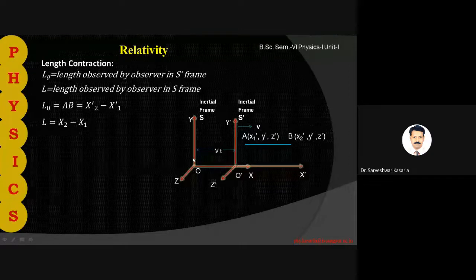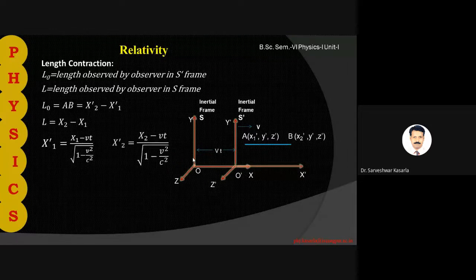We know that by Lorentz transformation equations, x1 dash is equal to x1 minus vt upon under root of 1 minus v square by c square. Similarly, x2 dash will be x2 minus vt upon under root 1 minus v square by c square.